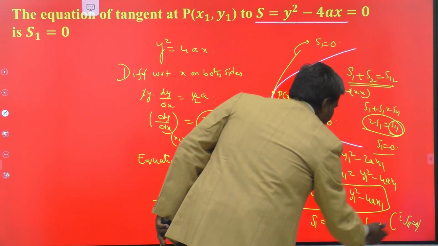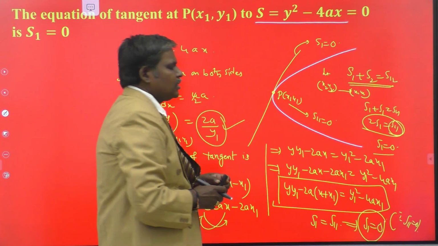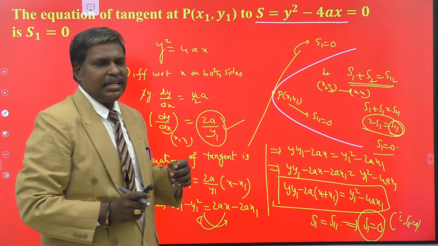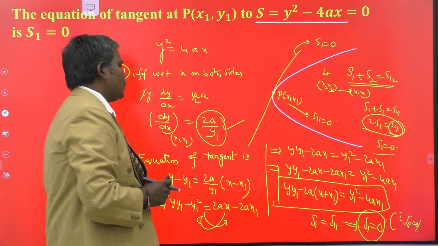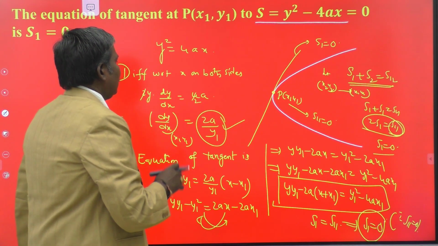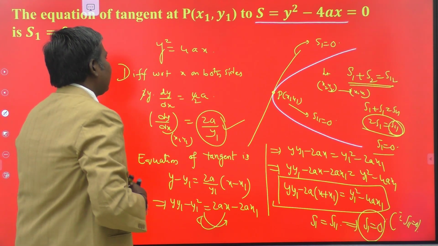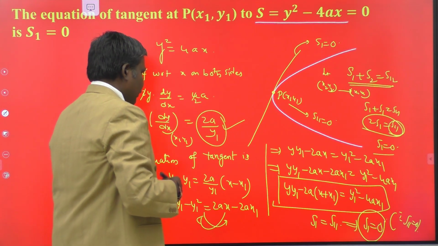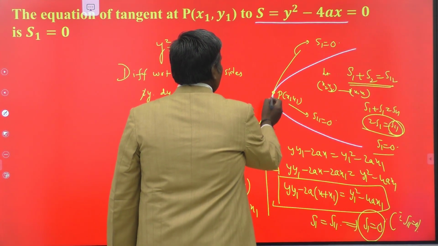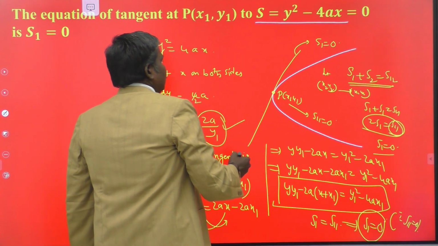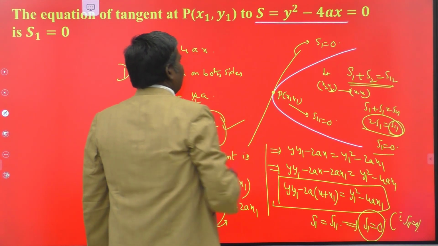So what is the equation, my dears? S1 = 0 is the equation of the tangent at (x1, y1) to the parabola. This is called the particular tangent to the parabola. General tangent means the point of contact we don't know.